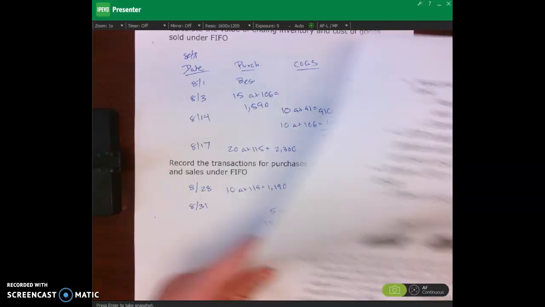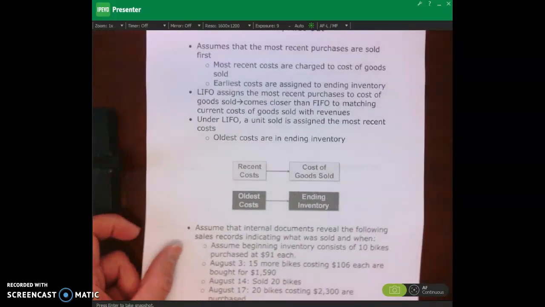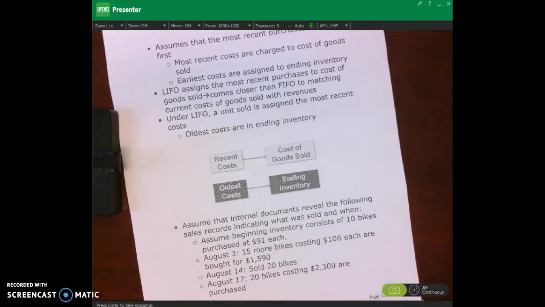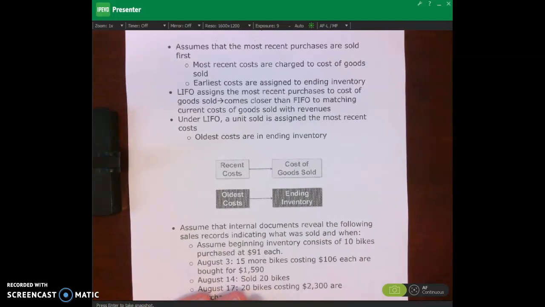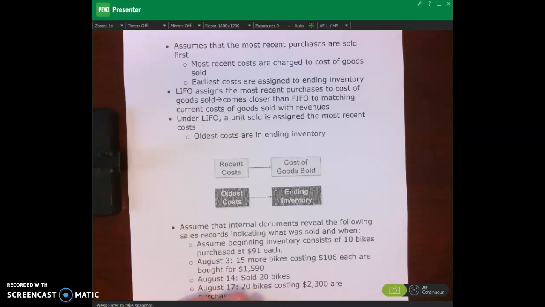Let's look at LIFO. Okay, so we have last in, first out, LIFO. LIFO is kind of the opposite of FIFO. LIFO says that the most recent purchases that we get in are the ones that we sell first. So if we think about that table, we work our way upwards.